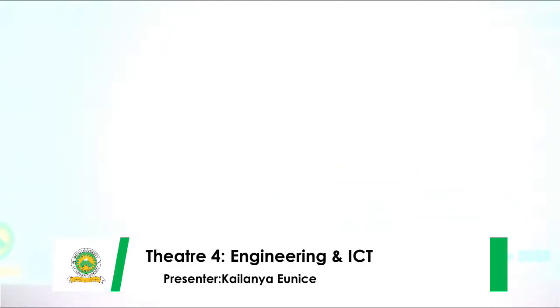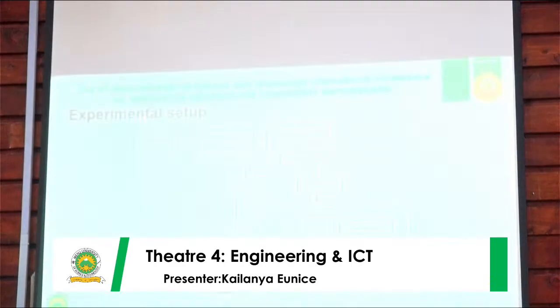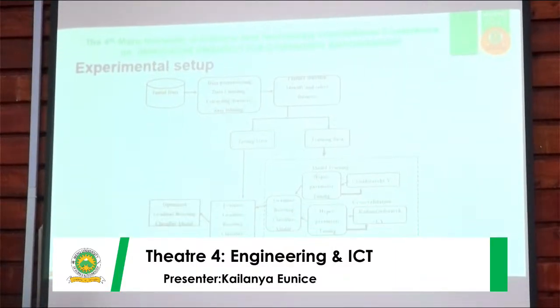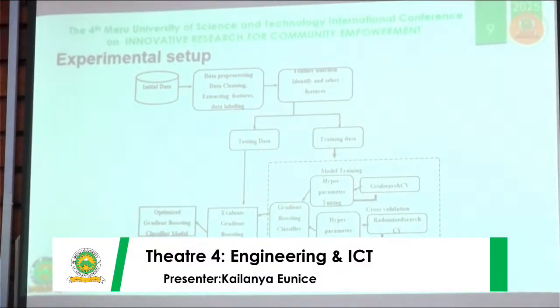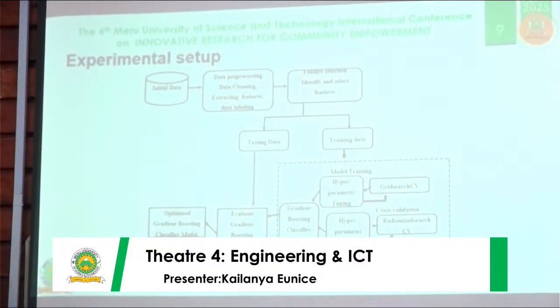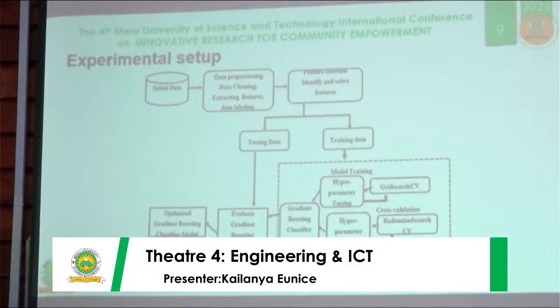and then the experimental setup was carried out, whereby the initial data underwent pre-processing, and feature extraction was done so that the required parameters to be used in the model were extracted. Then the training was carried out, whereby the model used the gradient booster classifier. This is an algorithm that splits data into different parts.